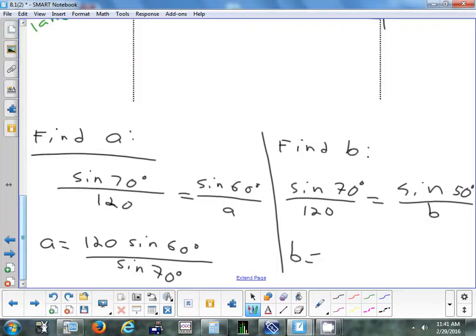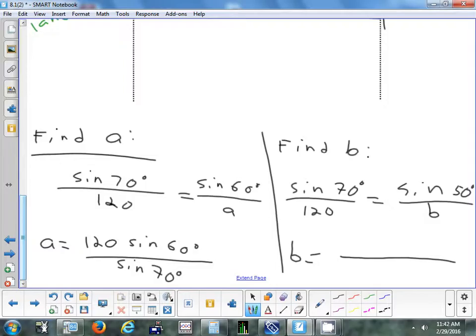And John, how about B? How are we going to get B in this one? Remember how you solve a proportion, what you do? 120 times sine 50.